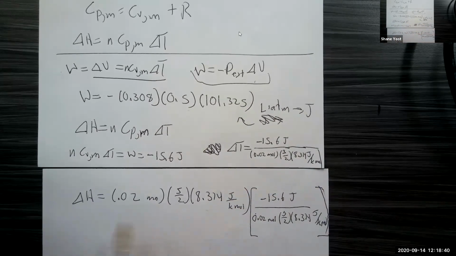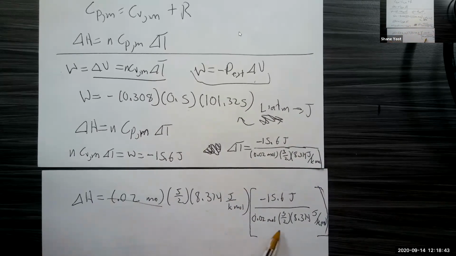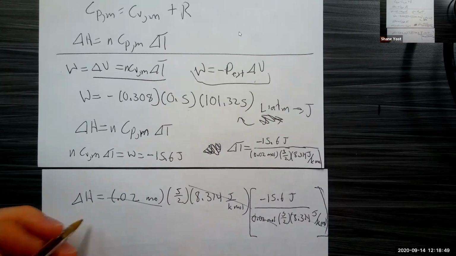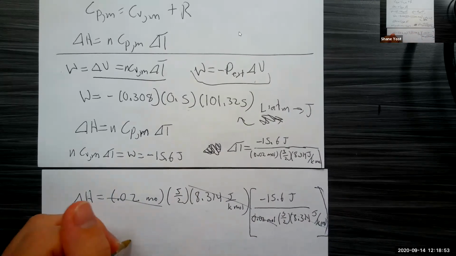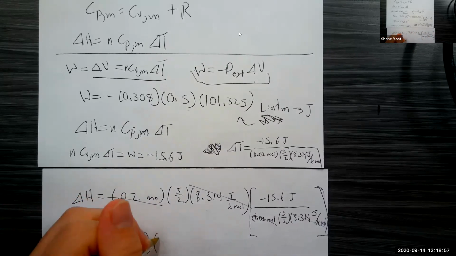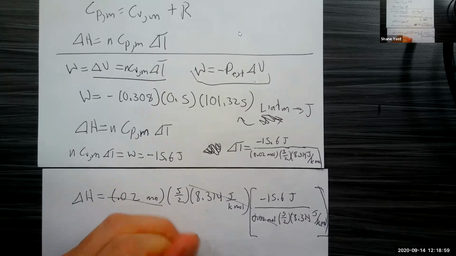If you notice, the 0.02 moles cancels, and R cancels with the R there. You end up with delta H equals 5/3 times minus 15.6 joules.